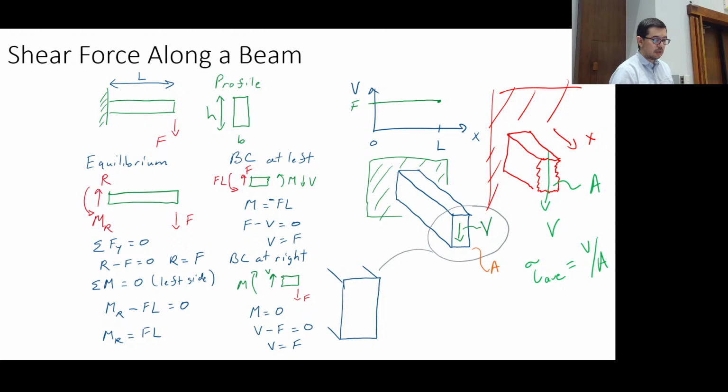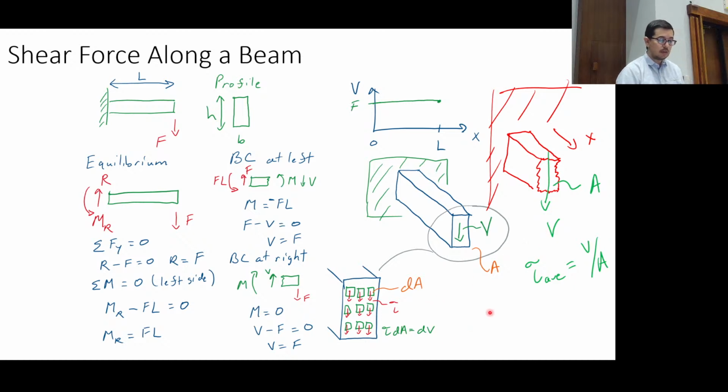If we look at these dAs, these little dAs, we can say that there are these little shear stresses, and each one of these is going to be giving us a tiny amount of force. So dV, that's not volume, that is a small bit of the transverse shear force.